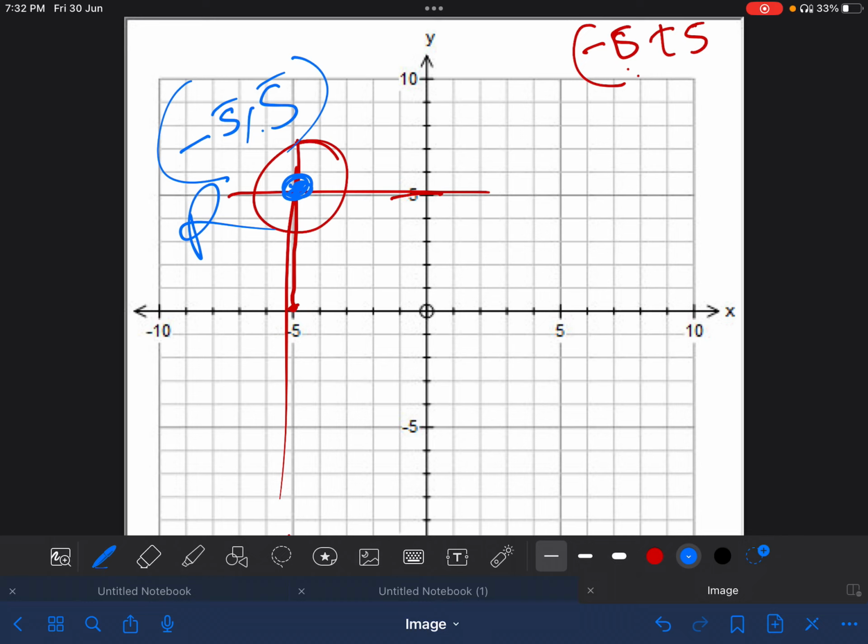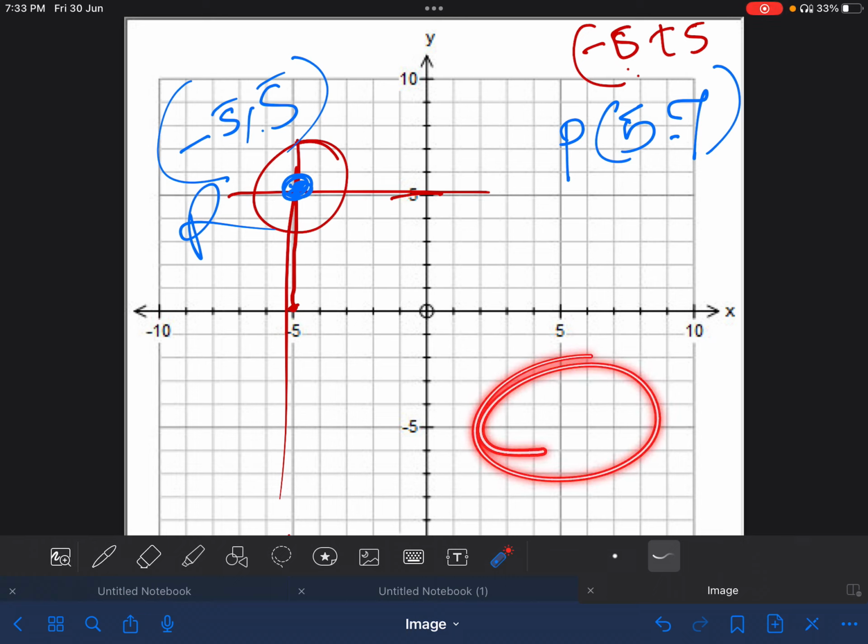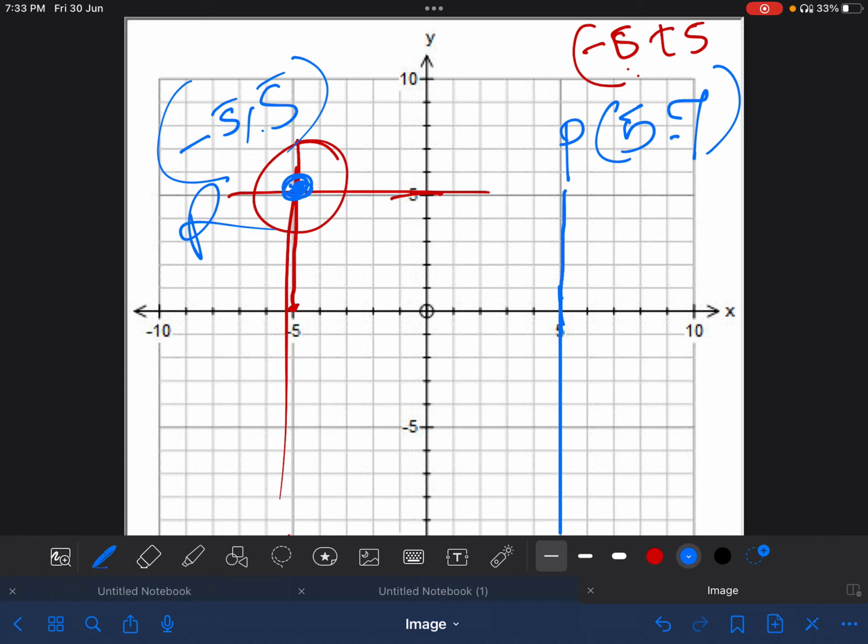Now take an example. Suppose you want to trace or plot a point which has the coordinates x is 5 and y is -7. Obviously one is positive, another one is negative, so definitely your graph will be in this quadrant. So what we have to do? First select point 5 and draw a vertical line like this. Clear?